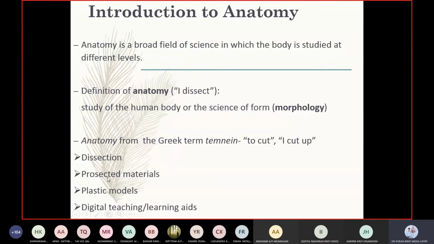Okay, prosected materials are still not human body, but they have been dissected into small parts, and they have been preserved by using some techniques. And so we use prosected materials a lot in our university lah. And we also have some plastic models as well, and digital teaching or learning aids, which is more relevant now in the CMCO era lah.